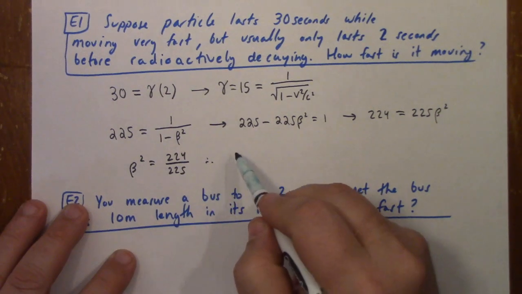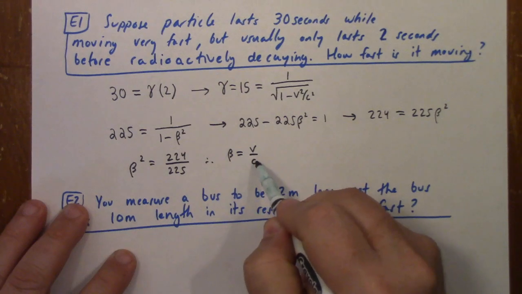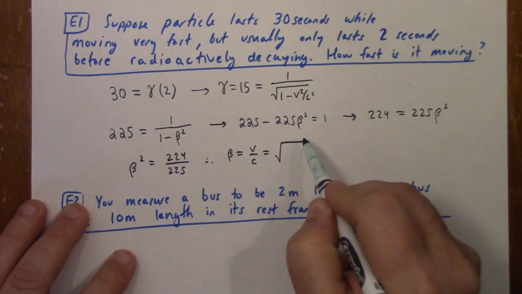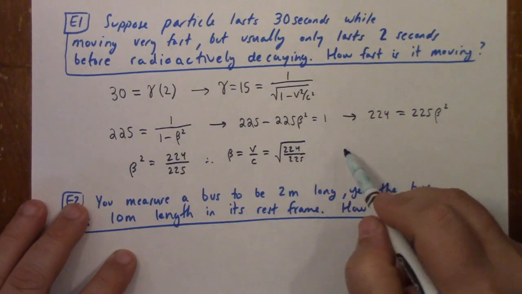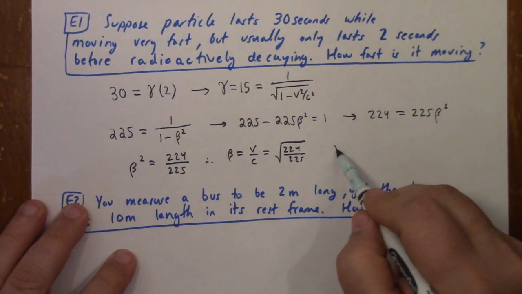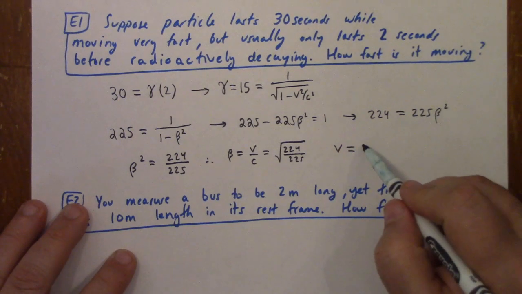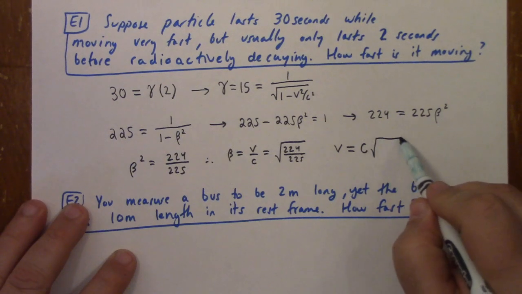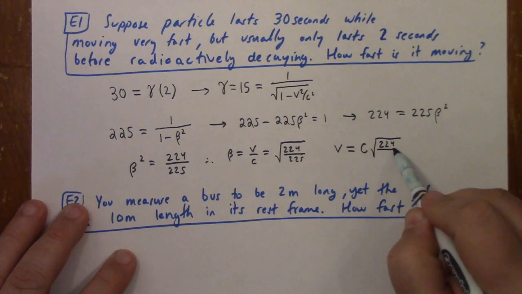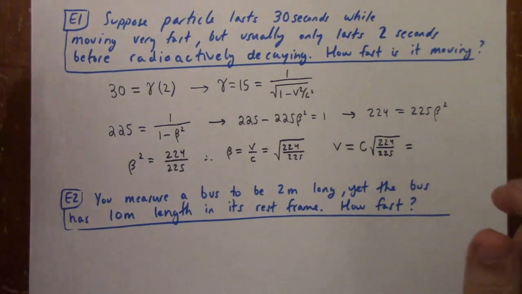So therefore, beta, which is v over c, is equal to the square root of 224 over 225, which tells me that v, the speed with which the particle is moving, was about c times the square root of 224 over 225.